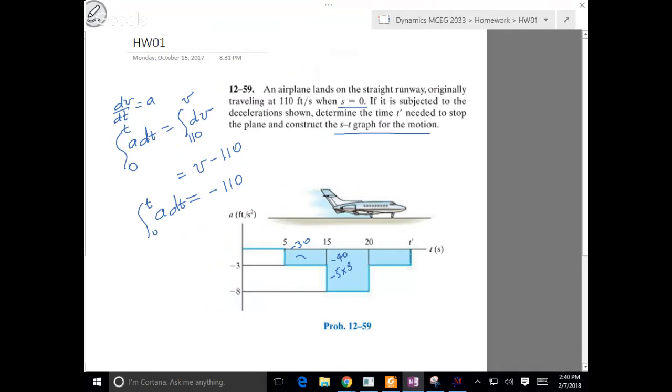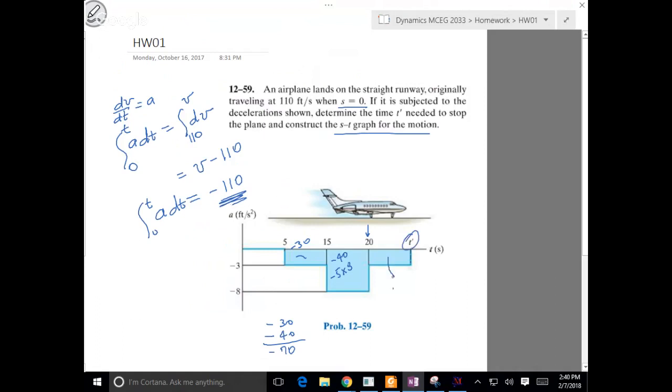Uh-oh, so minus 40 and minus 30, that's not enough yet. So isn't that minus 70? So at this point right here, I haven't slowed all the way down. I got to get to this 110. So now the question is, how far do I need to go?